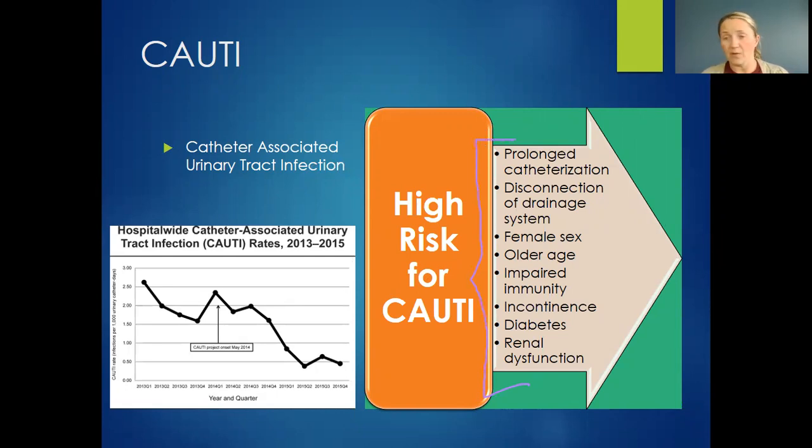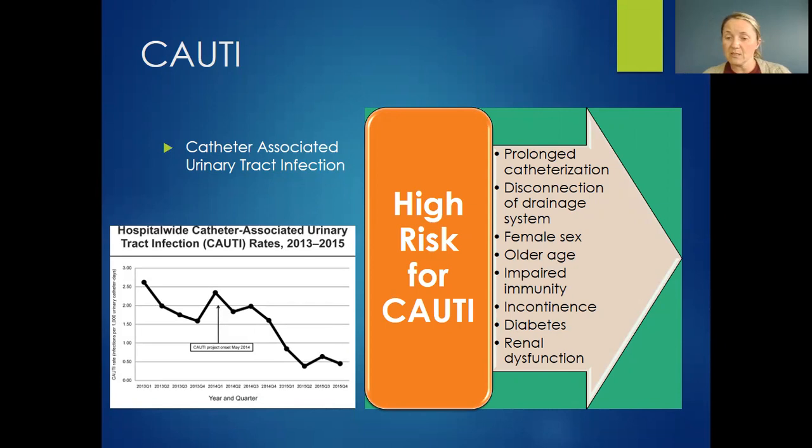Some of those things are very similar to what Ms. Curley taught you with just the UTI, so I'm not going to go into each of them in detail. The Joint Commission puts out a list of national patient safety goals.